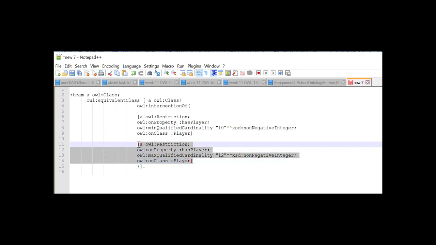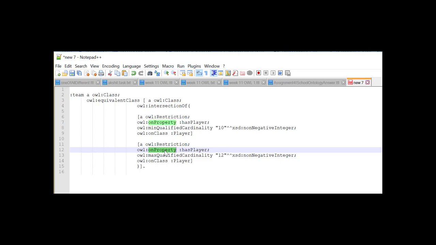The second one is similarly defined: it says anything with a maximum of 12 players falls into this class. And we're doing an intersection. If you imagine drawing a Venn diagram, the left circle will cover all the members from the class that has a minimum of 10 players. The right circle will cover the second restriction class, which has a maximum of 12 players.